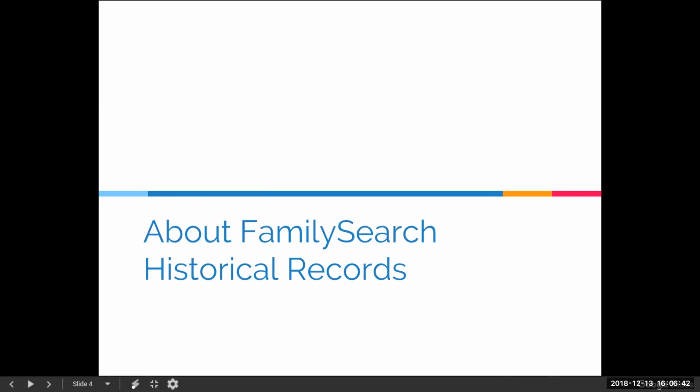Other people that I've talked to think that FamilySearch Historical Records are the same thing as family tree people. In other words, they don't see the difference between the family tree and historical records. So just to be clear and to make sure that we're all on the same page, let's just do a real quick crash course on FamilySearch Historical Records.